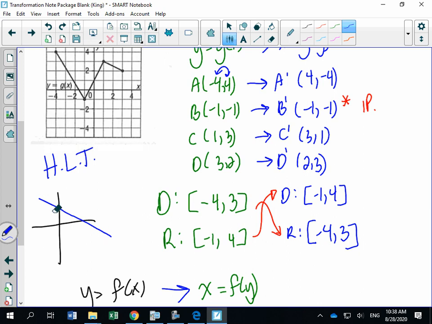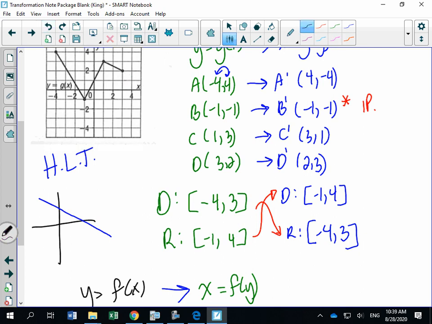What you would do is apply the horizontal line test to the original graph. If I draw horizontal lines through this original graph, it passes. That means that the inverse of this blue line will be a function, okay?